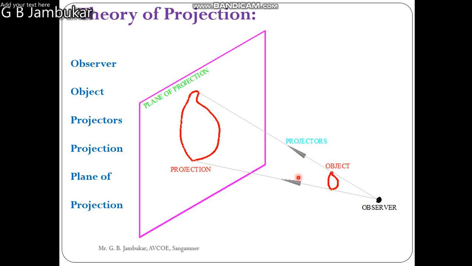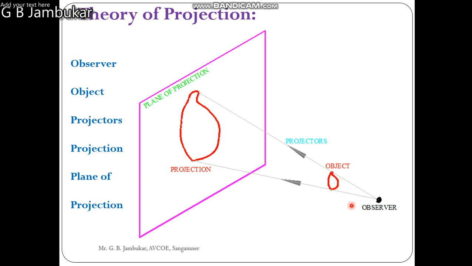Now here if you observe, the distance between the object and observer is less, and that's why we get the image or the projection on the screen having larger dimension than the actual object. The rays are inclined to each other, that's why we get a shape and size different from the object.